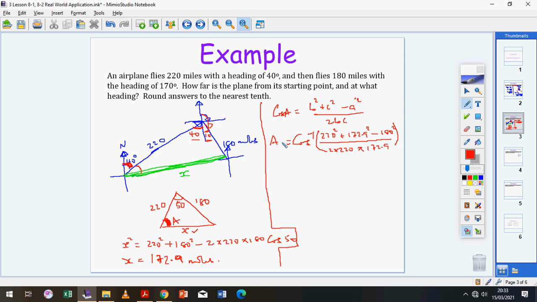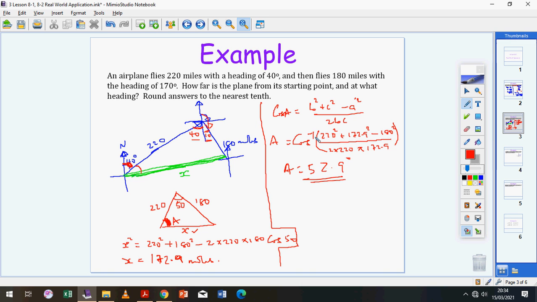Finding the inverse cosine. Alright, so I have 52.9 degrees. That's what I get, 52.9 degrees.